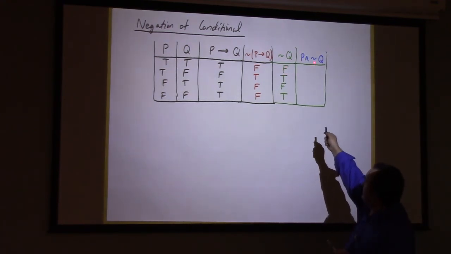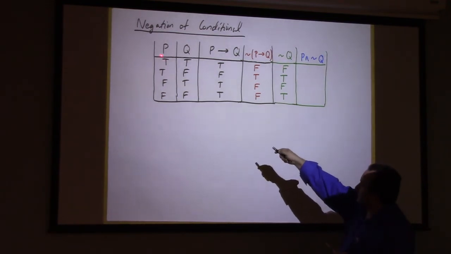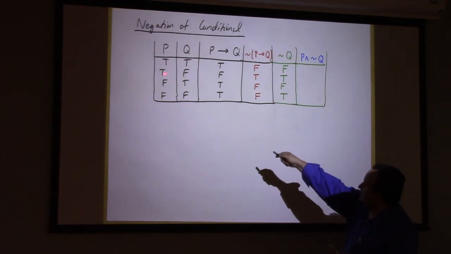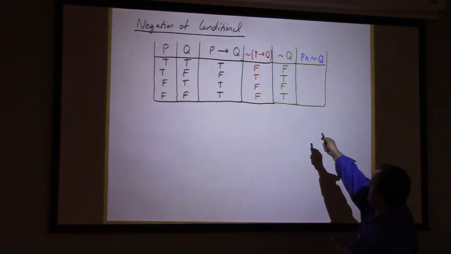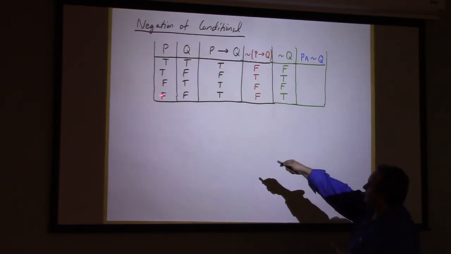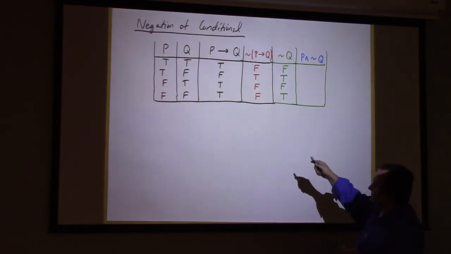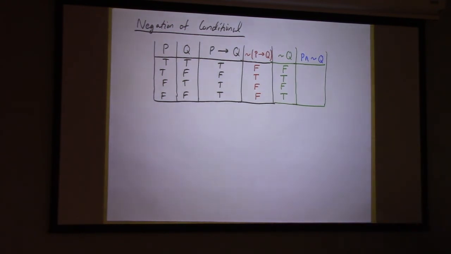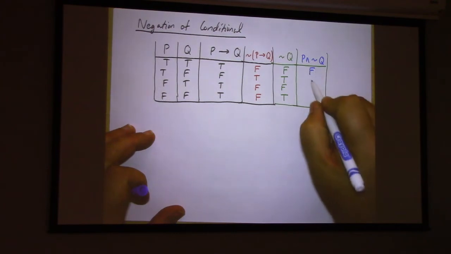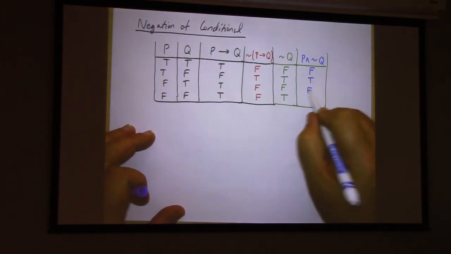In order for this to be true, I need both of these to be true, right? Because it's conjunction. So the first row gives me true, false, which is false. I get true, true, which is true. False, false, which is false. False and true, which is false. So I get false, true, false, false.